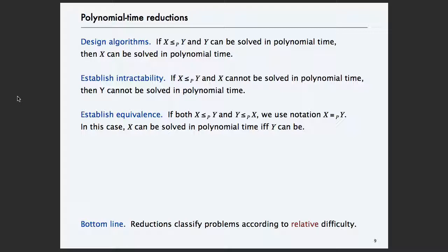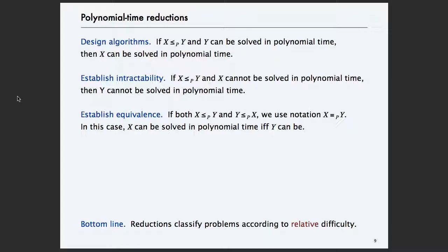Also, I can use it to establish intractability by going slightly the other way. If I know that X reduces to Y, and I already know that X cannot be solved in polynomial time, then I know that Y cannot be solved in polynomial time.